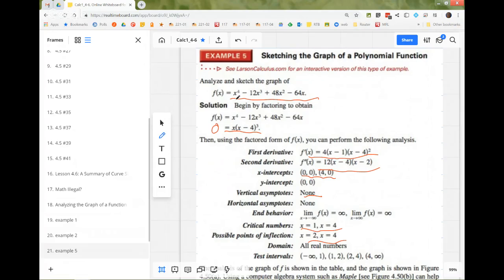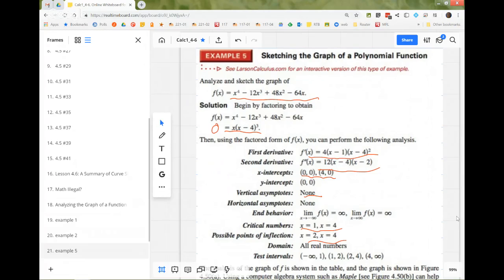Because x to the 4th is the ruling term, and when you plug in infinity, that's going to be infinity to the 4th. It's huge. Likewise, if you plug in a negative infinity, it's still going to be positive infinity, right? Because when you take a negative number to an even power, it's going to be positive. So this thing is forever high on the left, forever high on the right.